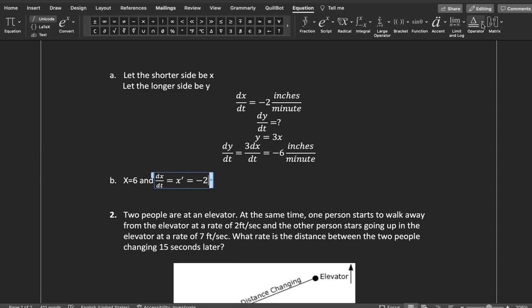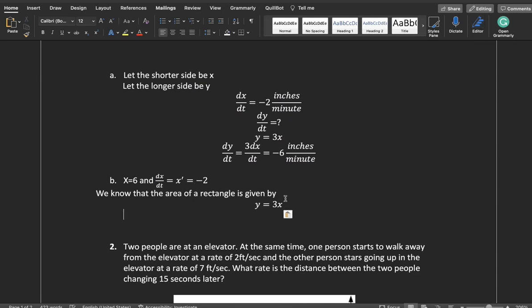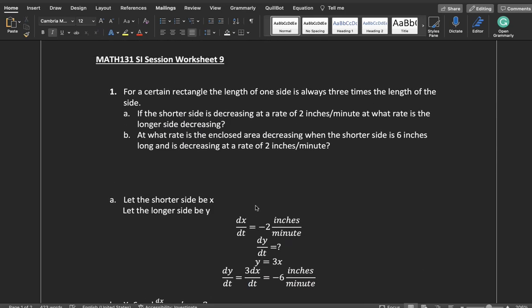So we know that the area of a rectangle is given by the following formula. A, which represents our area, is just equal to xy, length times breadth, right?